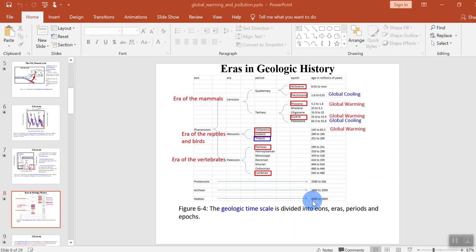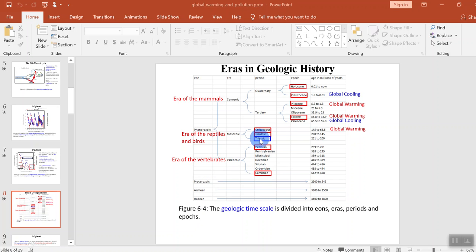Okay. So here we're showing again the eras of geologic history. We went over this in part B. So we have the Cambrian here, that's 500 million years ago. The Permian is 250 million years ago. This is the era of the vertebrates.